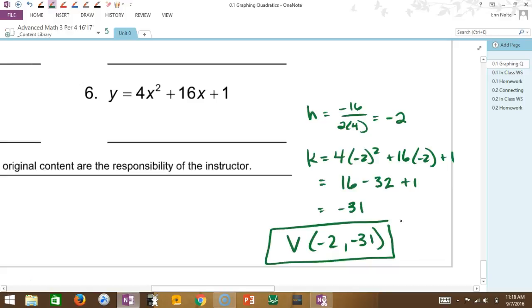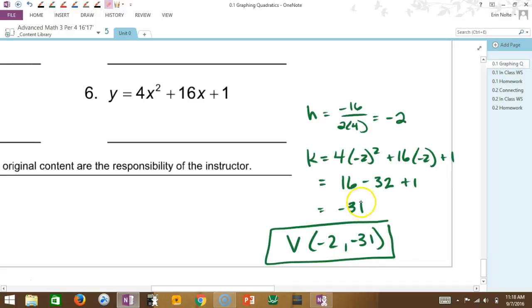How'd I do? Anybody else get negative 2, negative 31? Oh, whoa. That's a good question where I came up with 31.